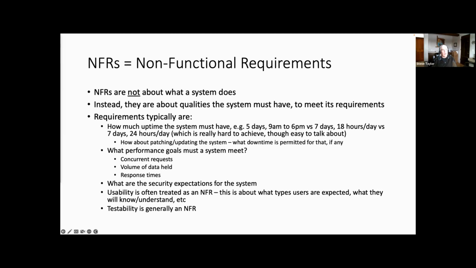Even though our response time would be pretty fast, the volume of data that we're bringing back in that query can affect the response time.